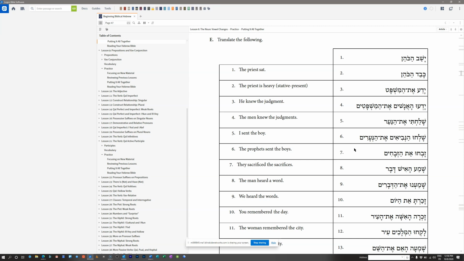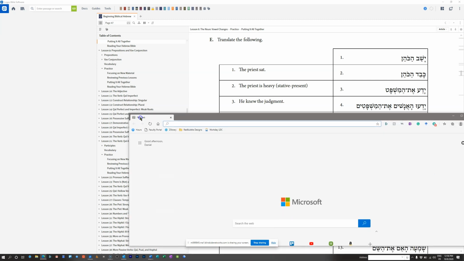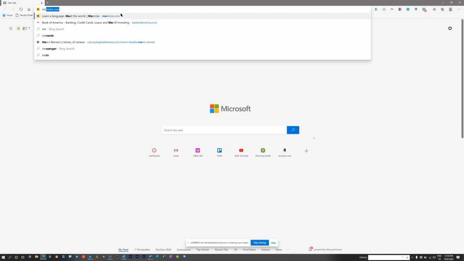Do check out, it's hard to remember now whether it was this term or a previous term, I think I have shared a link, especially for memorization of vocabulary. Memrise.com.